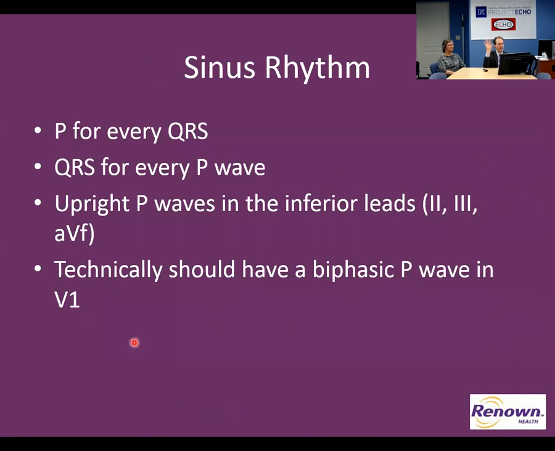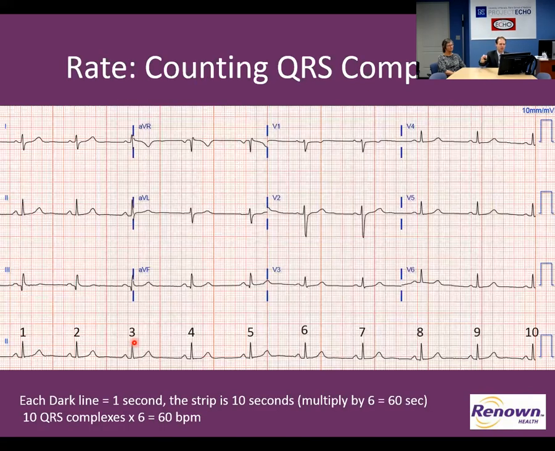But just defining a sinus rhythm is this. You have a P for every QRS, a QRS for every P wave, and an upright P wave in the inferior leads. Also, technically, there should be a biphasic P wave in V1. So the right atrium depolarizes first, and that part of the P wave will be upgoing, and then the left atrium depolarizes later, and that will be downgoing.